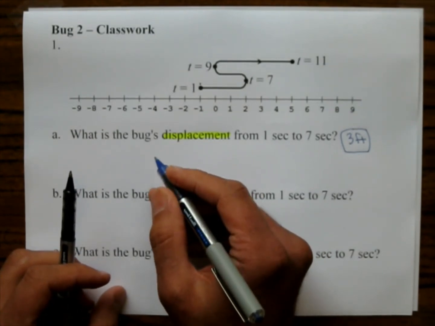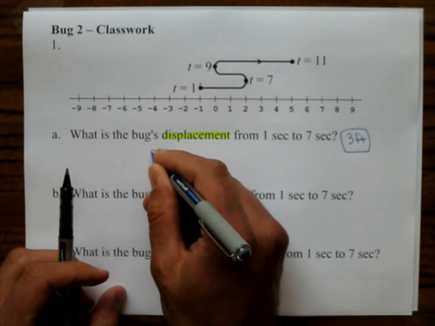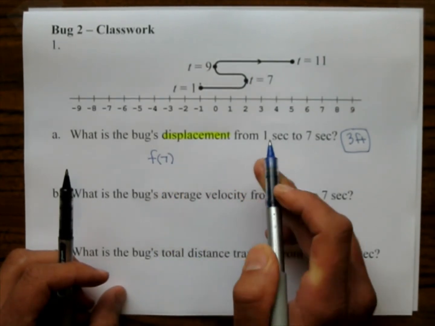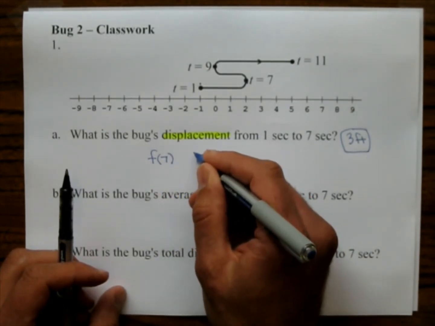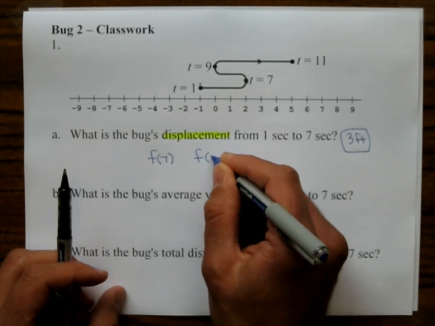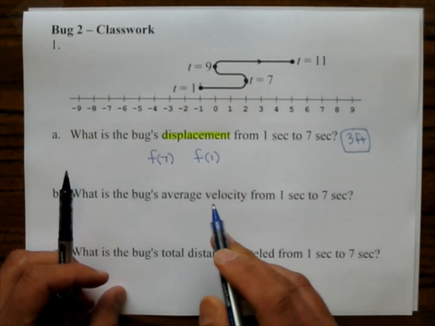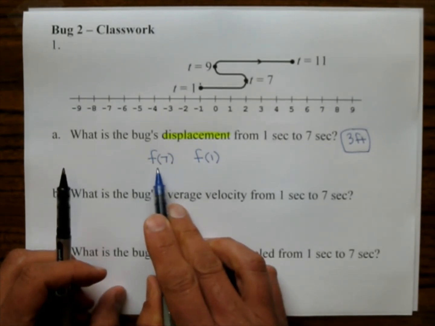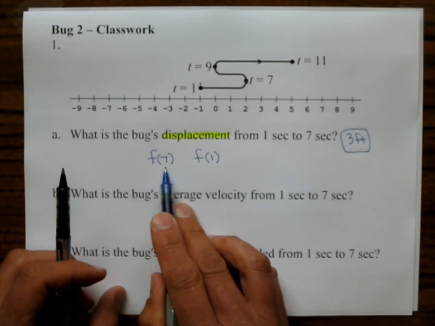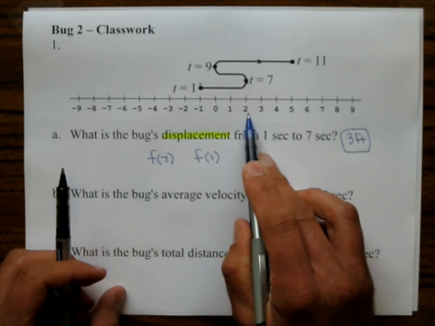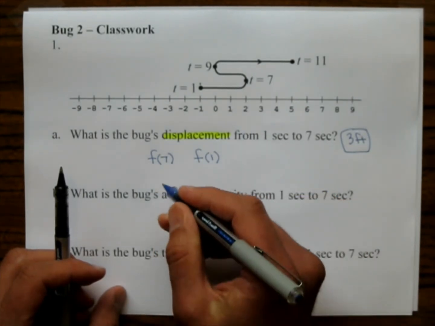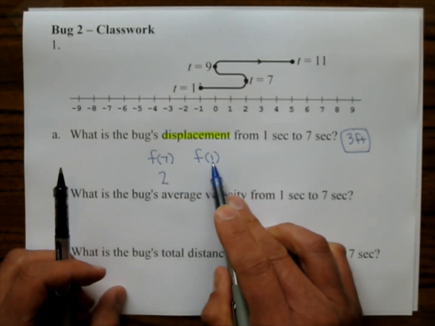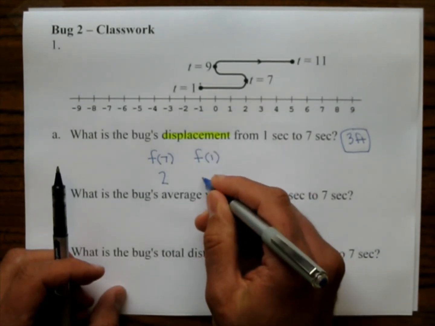So what I'm going to do is go f of 7 and f of 1. f of 7 just says where is the bug at 7 seconds. He's at 2 on the number line. And f of 1 happens to be -1.